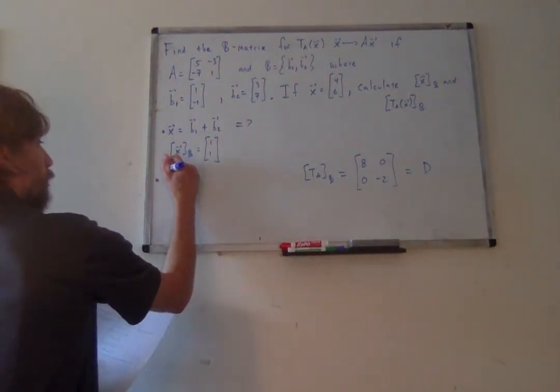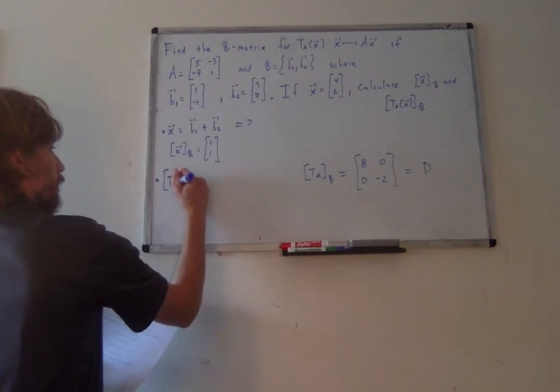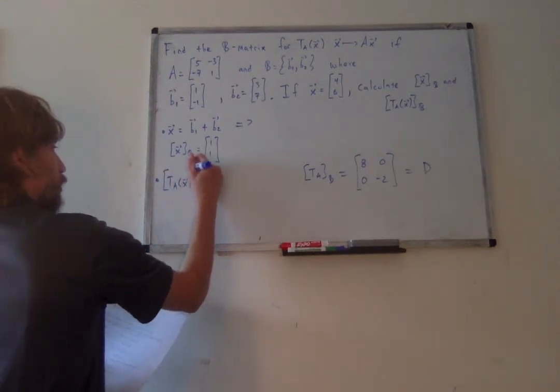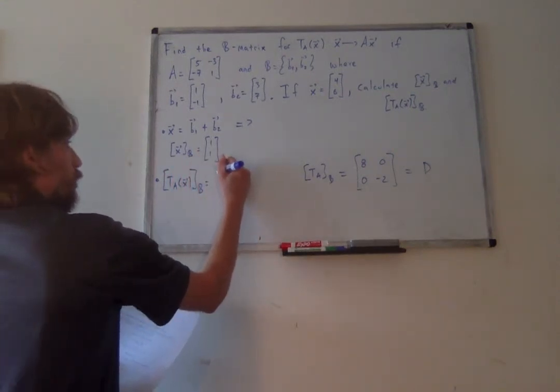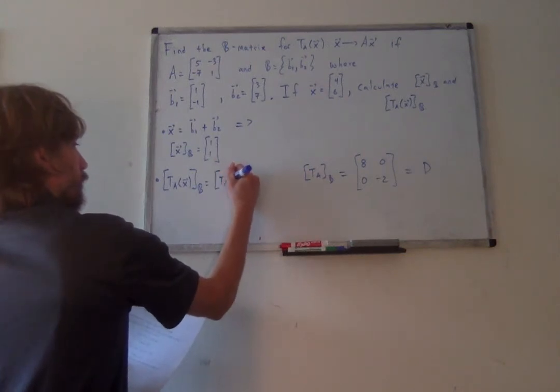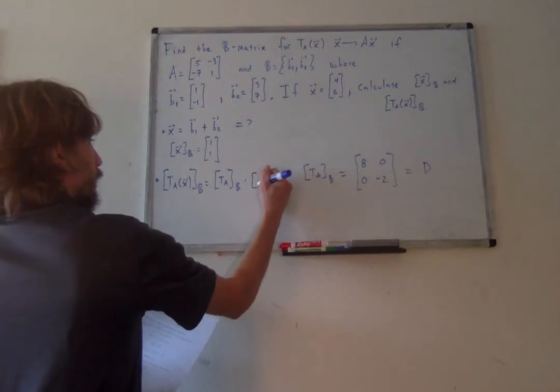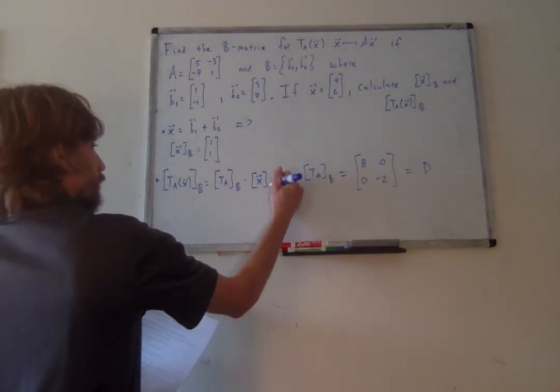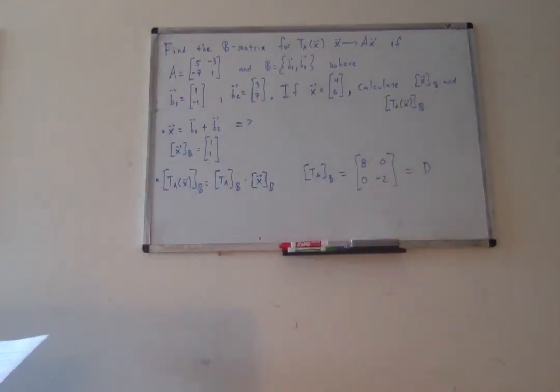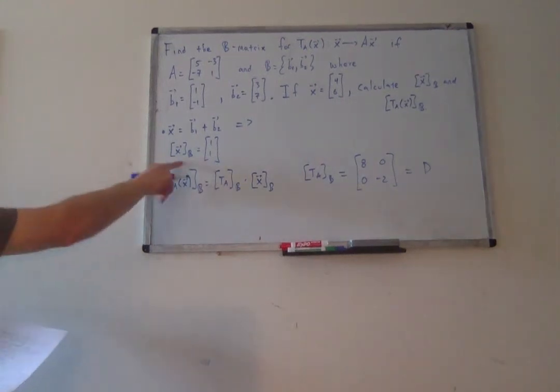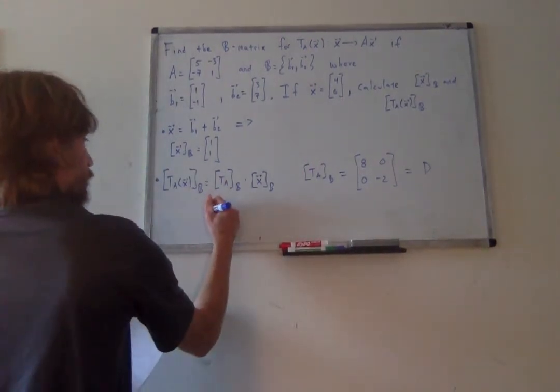And so next, remember, by definition, the B representation of the image of x is equal to the B matrix for T, which again is this matrix, times the B coordinate representation of x.